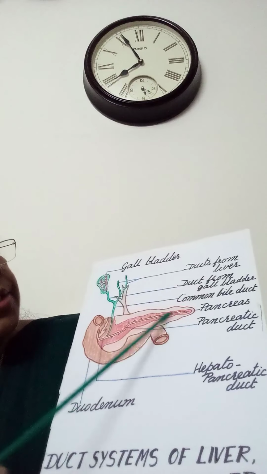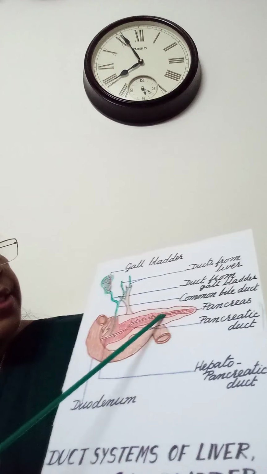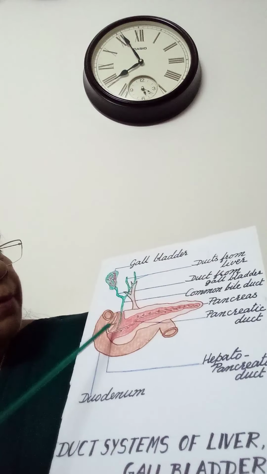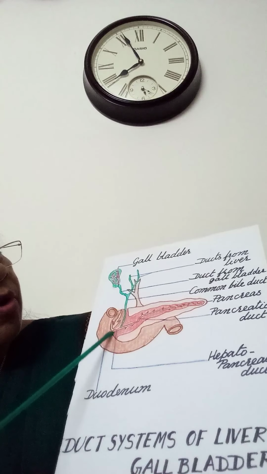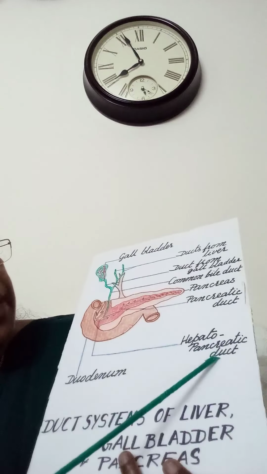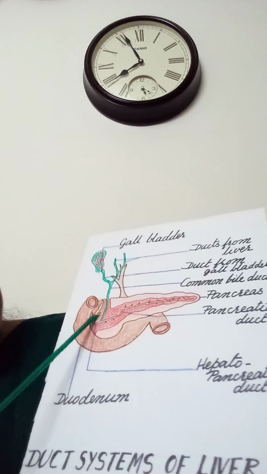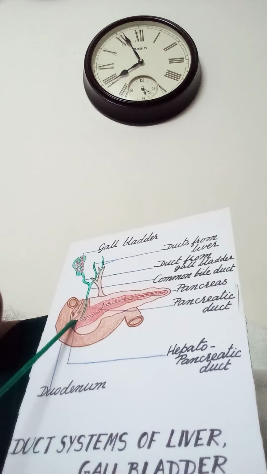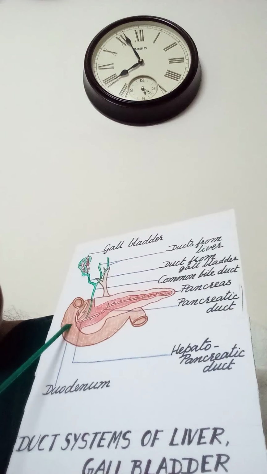This is the pancreas. This is the duct of the pancreas. So the common bile duct combines with the pancreatic duct and forms the hepatopancreatic duct. This hepatopancreatic duct opens into the duodenum.